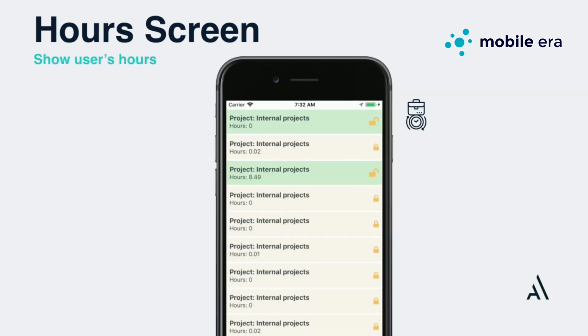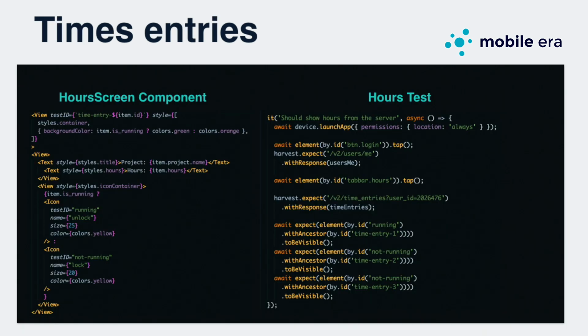And then finally, we have the hours screen, which basically shows the hours, whether they are currently running or not, so it's just a flat list with a list item. In the hours screen component, you have two different test IDs. The first one is a variable that changes based on the time entry. We launch the application again and expect the mocking API to get us our information.